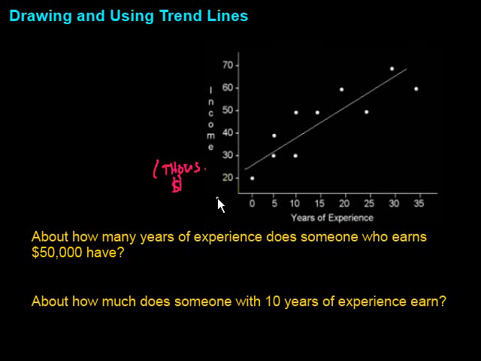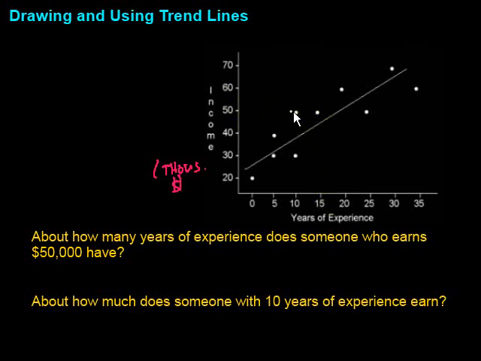Okay, so it says about how many years of experience does someone who earns $50,000 have? Okay, so we find $50,000. So that's right here. We're going to shoot across to our line. Now notice right here we've got 2 points that are off the line, but that one's at 10, that one's at 15. So you might say, oh, what is it? Well, we just go to our line.